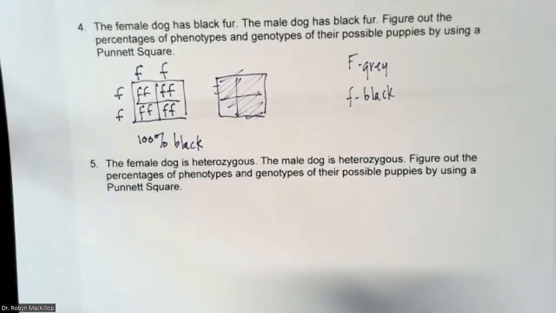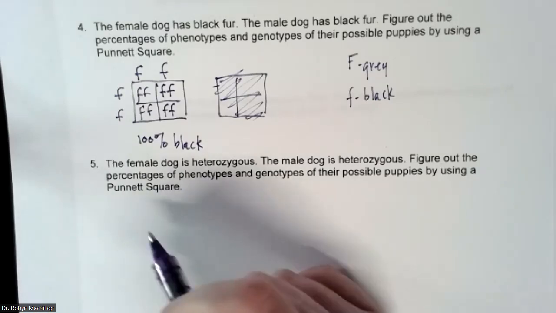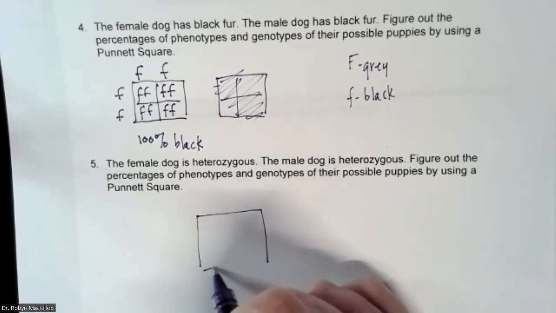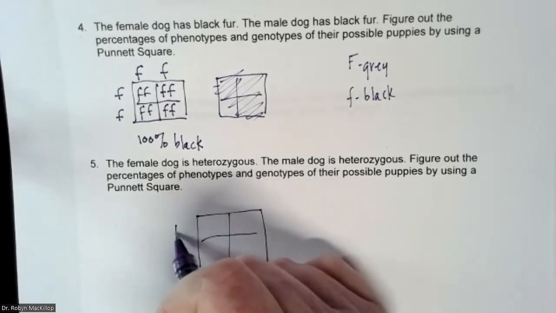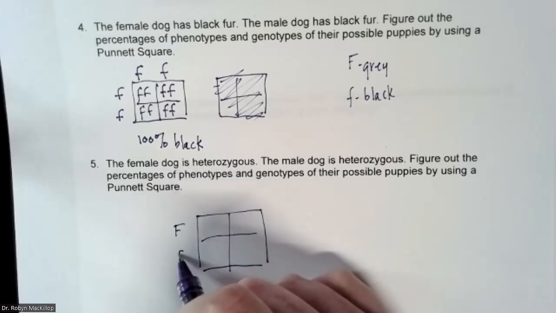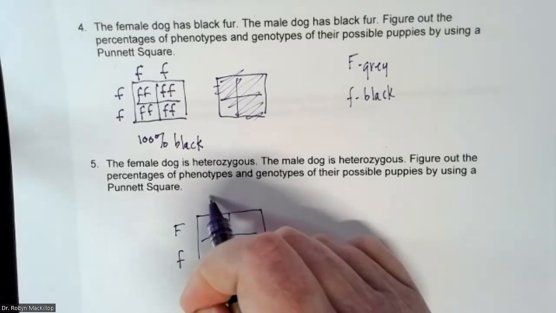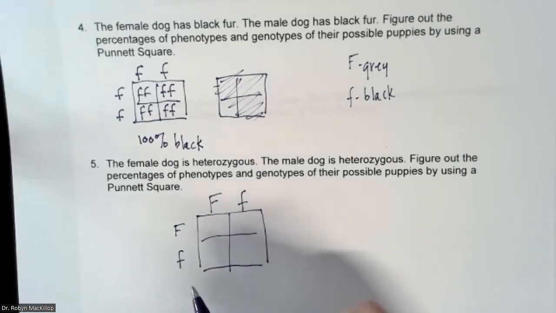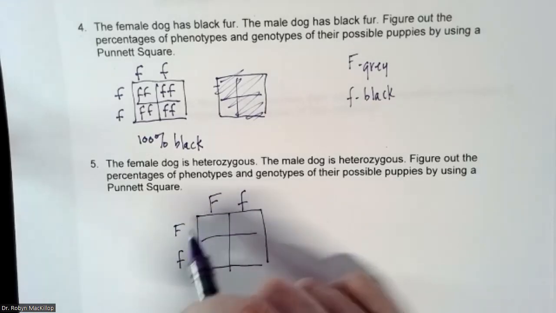All right, and then this one, female dog is heterozygous, different. So she is going to be big F, little f. Male dog is also heterozygous, so he's going to look the same. They're both going to be gray because they're both carrying a dominant gene.